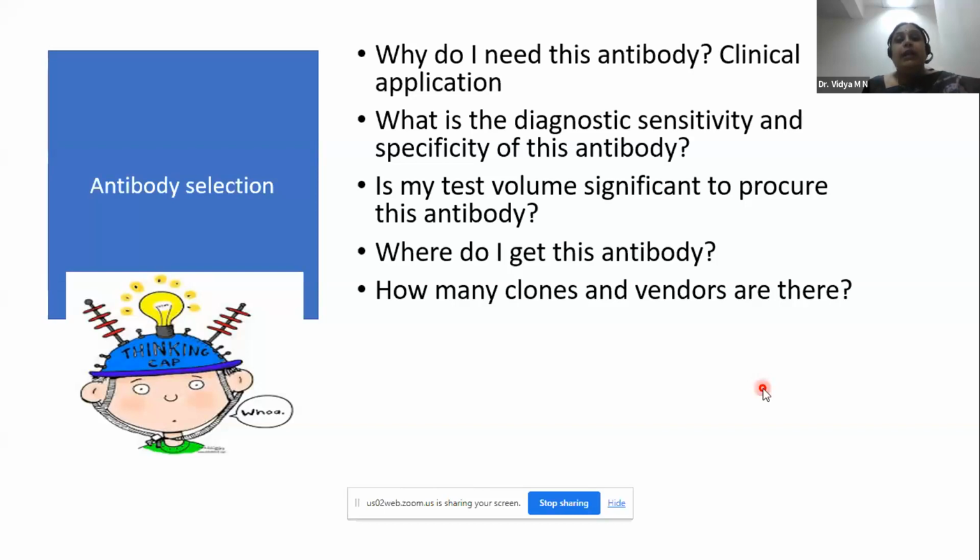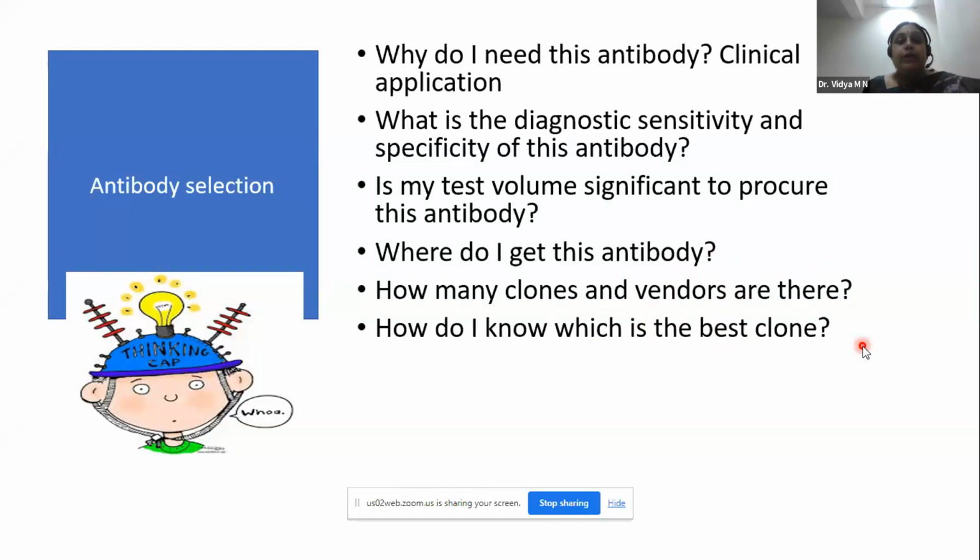There are so many new antibodies that are being available in the market now, but you need to know which are part of your screening panel, which are going to be part of your confirmatory panels, and whether you are going to have a costing on these and a different type of costing on the screening and the confirmatory markers. So how do you know and select the best clone? This is something which is very, very important, because choosing the best clone matters for the end result of your correct and accurate reports.